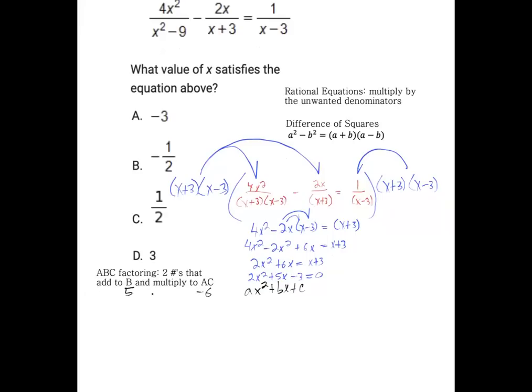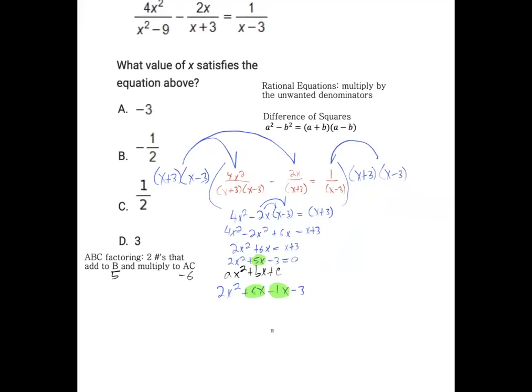So we're going to split the middle term into 2x squared plus 6x minus 1x minus 3. So we took the 5x and we replaced it with 6x minus 1x, which is okay because 6 minus 1 is 5. So we really didn't break any rules of math.